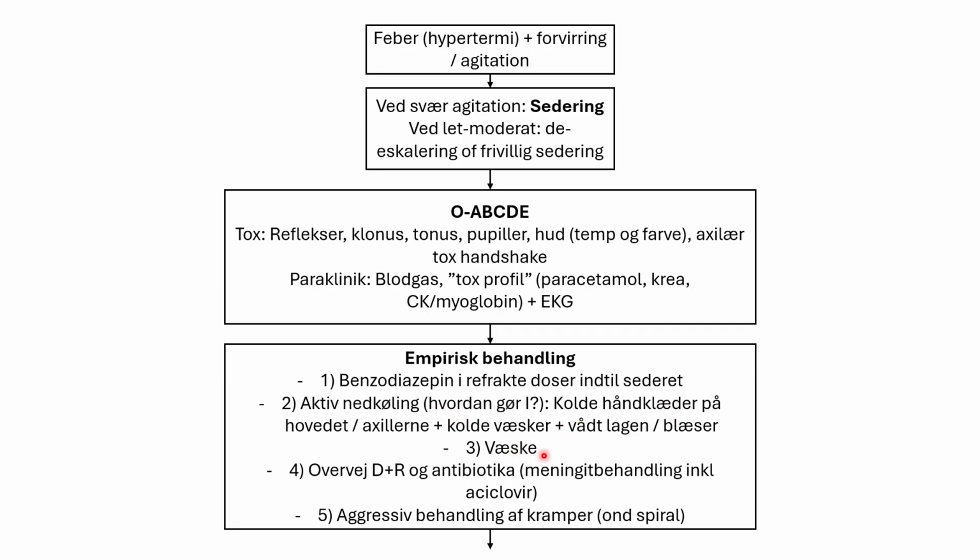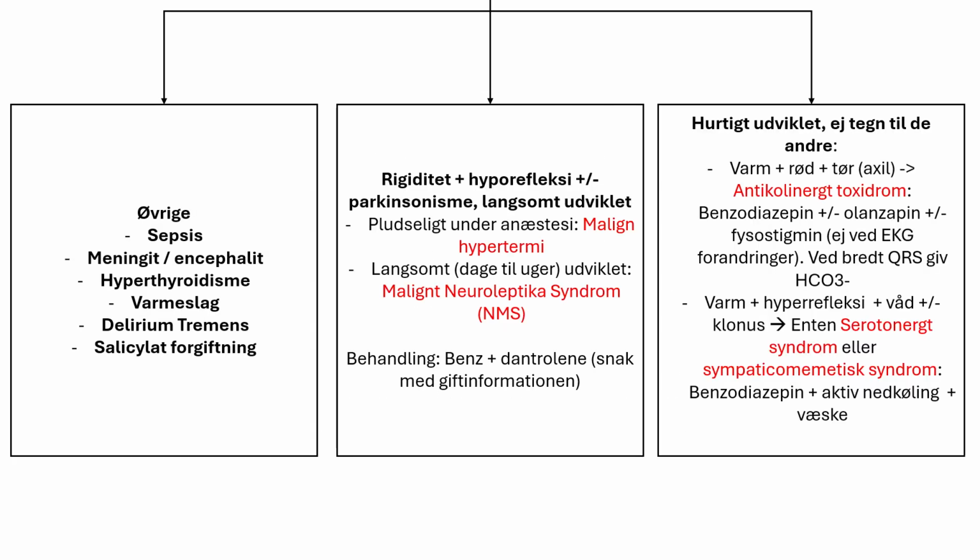I'll get them fluids. I'll consider antibiotic or meningitis treatment, depending on the context, and do a blood culture and urine culture, and then aggressive treatment of seizures if they occur. And then I have my syndromes.